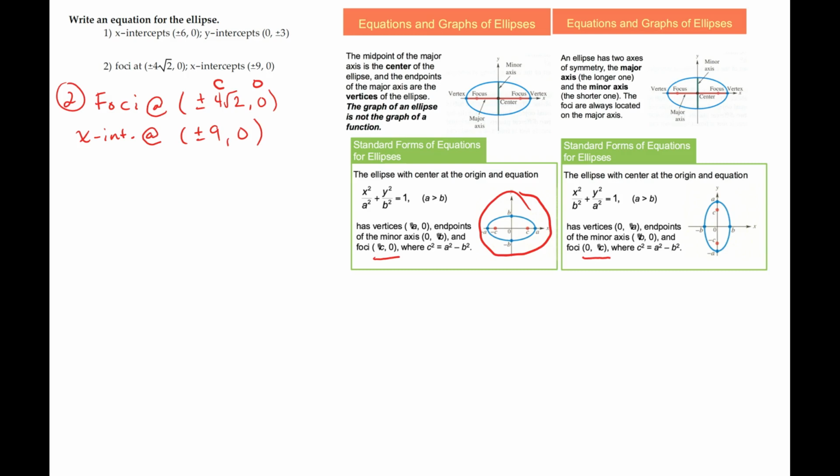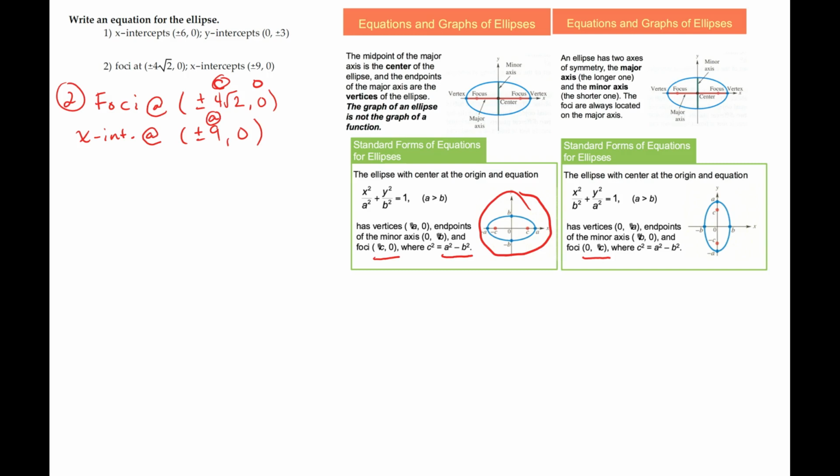So given that we know the x-intercept already, we know that this is the value a, and all we're missing is the value b. Okay, but that's not a big deal, because if you look here, it's just a case of the Pythagorean theorem, right? It is just a case of the Pythagorean theorem, and you'll be able to find b very quickly and simply.